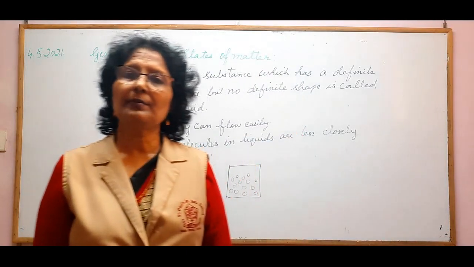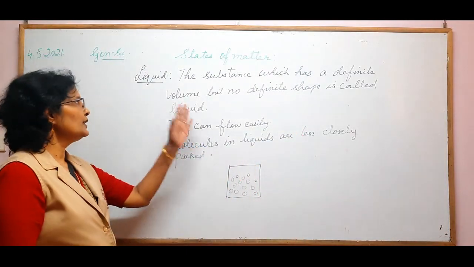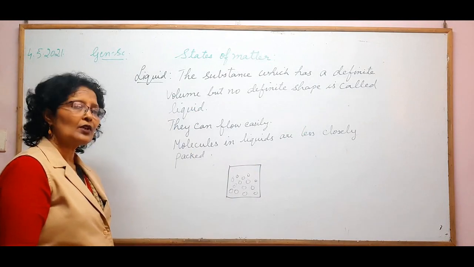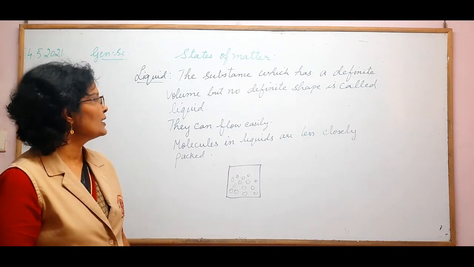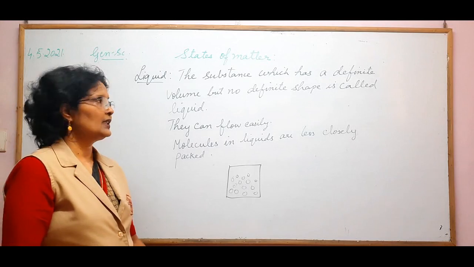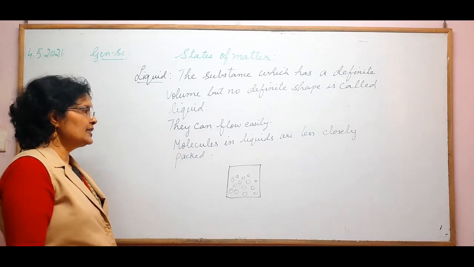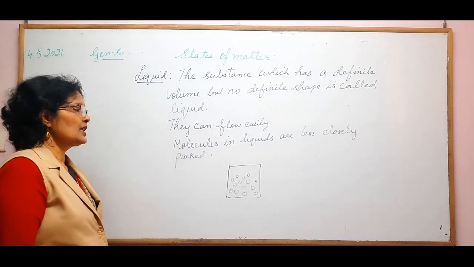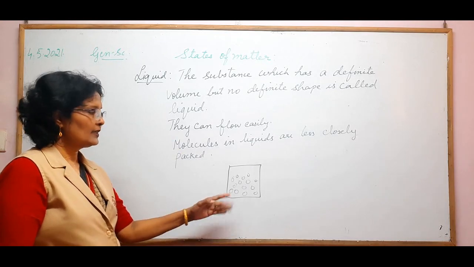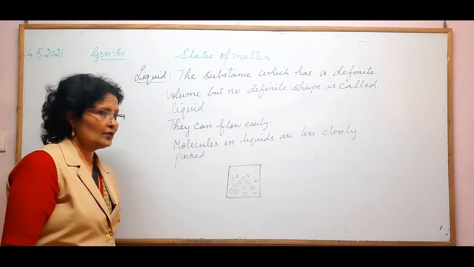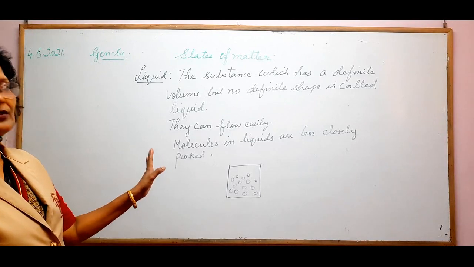So this was about solid and liquid. So liquid is the substance which has a definite volume but no definite shape. It is called liquid. Then they can flow easily. Molecules in liquids are less closely packed. Like this I showed you. Again I'll show you a proper diagram now. This was just to make you understand.